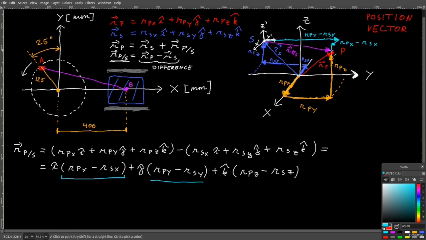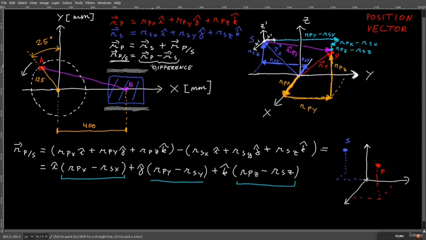And then this component that goes vertically down, that's in the z' direction, and its magnitude is this one, r_pz minus r_sz. So this x component has a positive x' direction, this y component has a positive y' direction, and then this z component that you have here, that's in the negative z' direction.